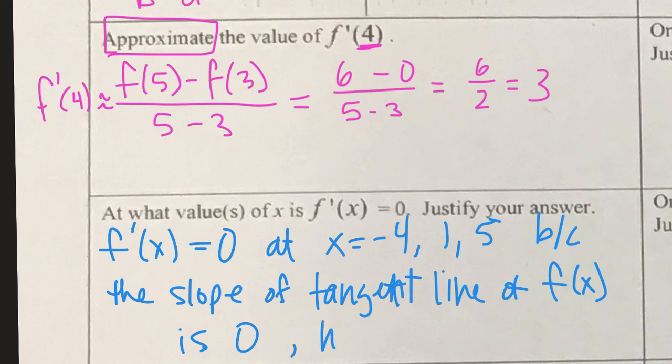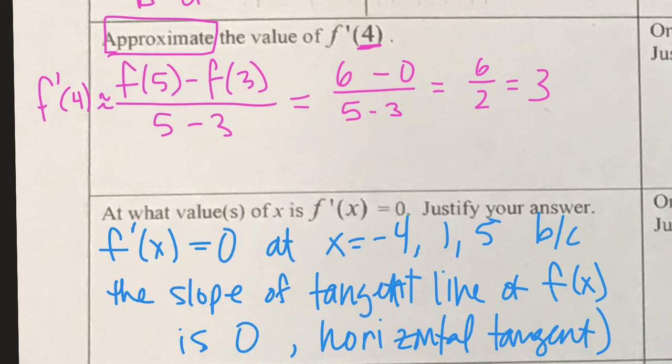Okay, so just write down what you see. The slope of the tangent line is 0.